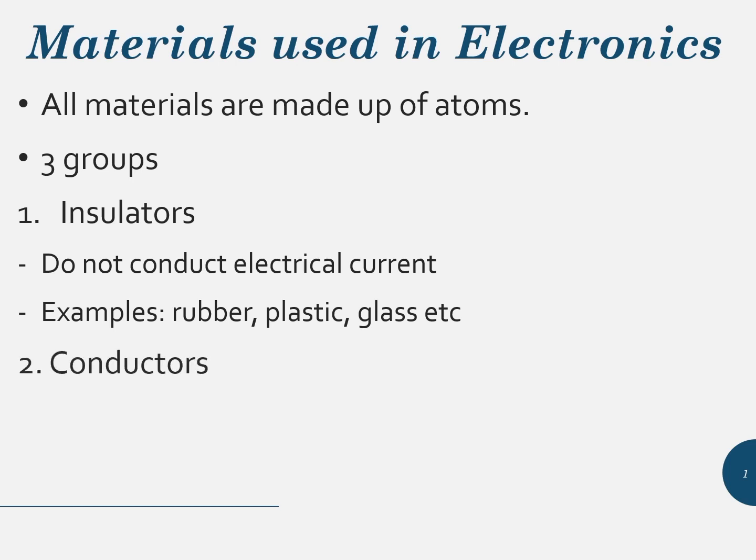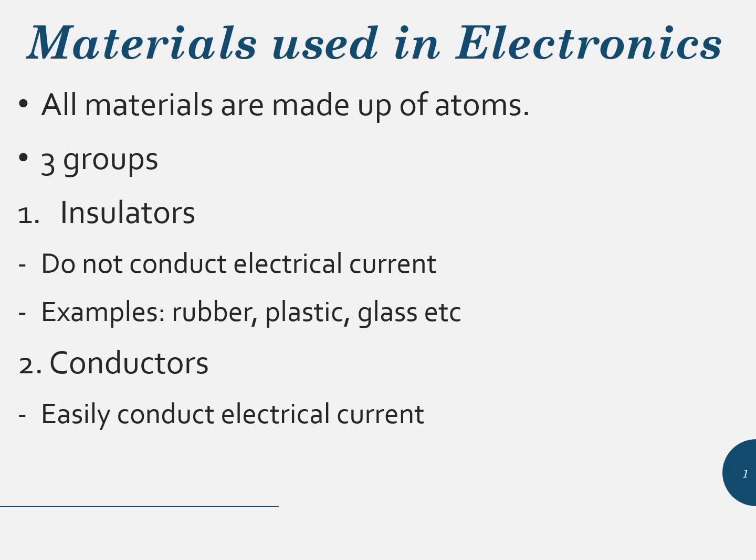Second group is conductors. A conductor is a material that easily conducts electrical current. In conductors, valence electrons are very loosely bound to the atom. These loosely bound valence electrons become free electrons.